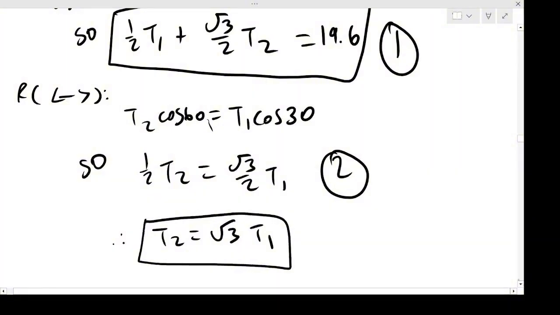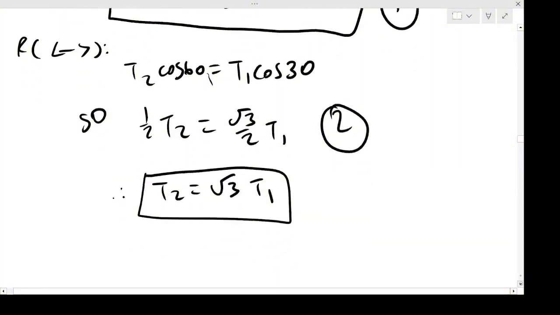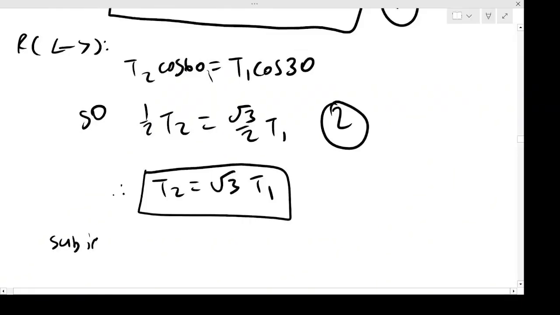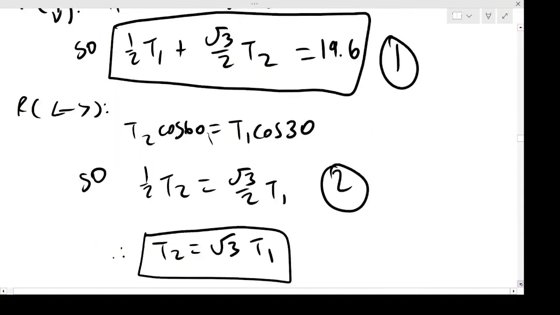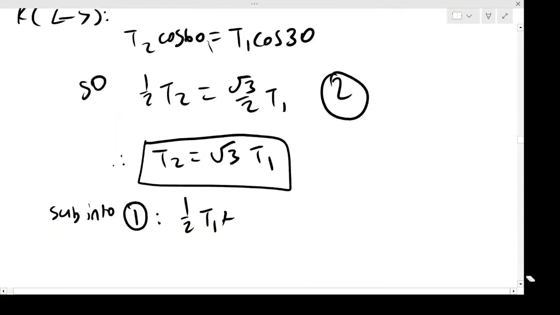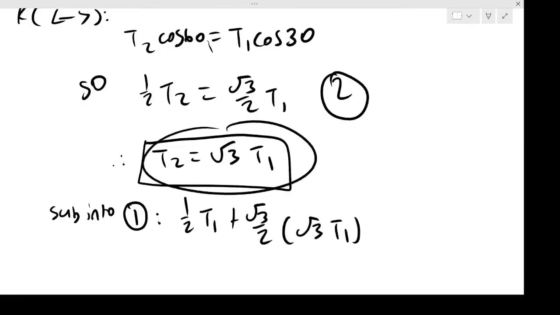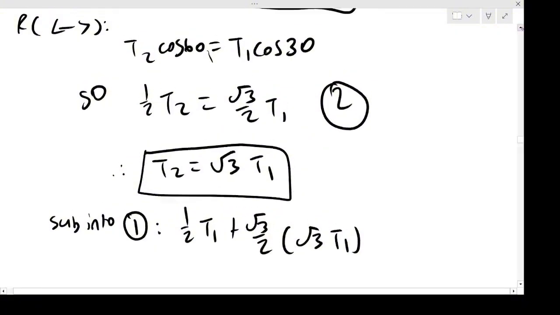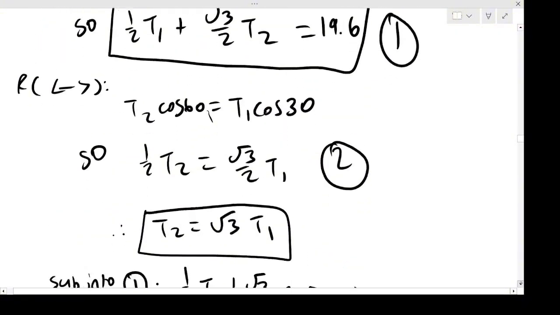And so if we're going to substitute that into the first one, it's going to be a half of T1 plus root 3 over 2 lots of root 3 T1, because that's what T2 is here. That's going to equal 19.6.